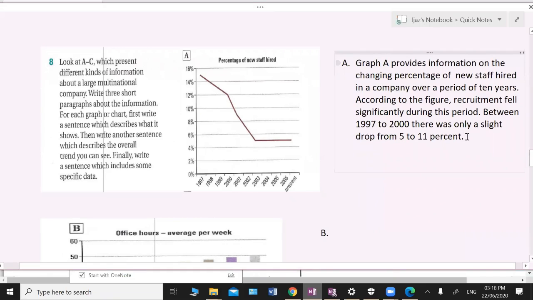But after that, the figures fell dramatically to a low of 5%.